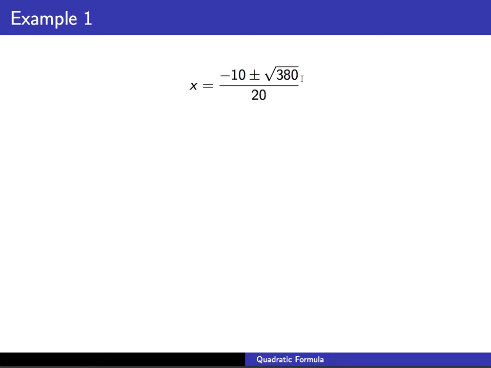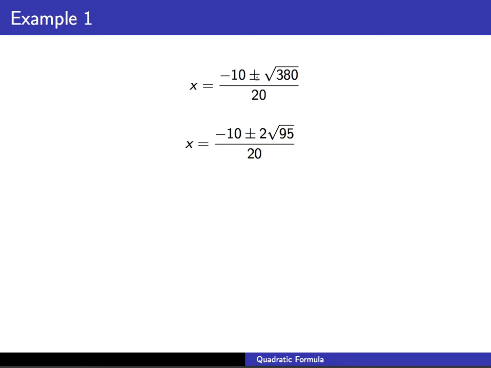Now for the square root of 380, we want to find the largest perfect square that goes into 380, and it's 4. So 380 divided by 4 is 95. So the square root of 380 is the square root of 4 times the square root of 95. The square root of 4 is 2, so it simplifies to 2 times the square root of 95.